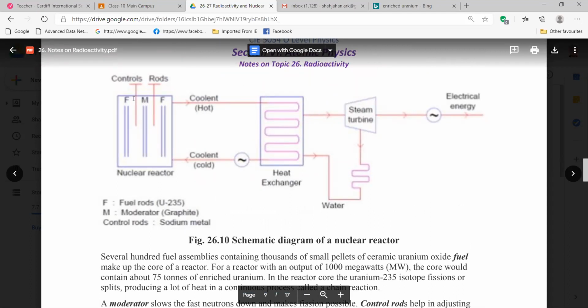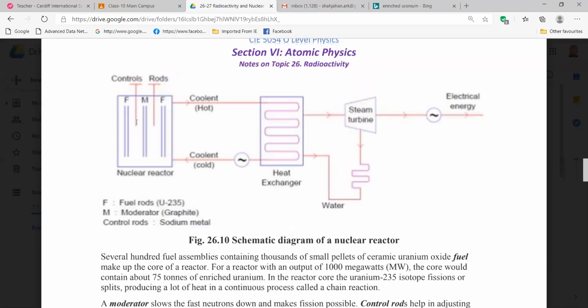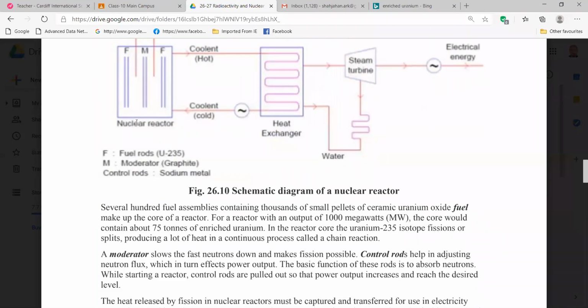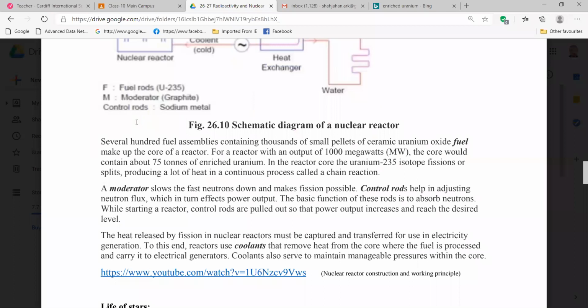So this control rod, you move up and down. Here you see the red color control rods. So it's controlling the number of neutrons coming, so that we can increase or decrease the amount of reaction.